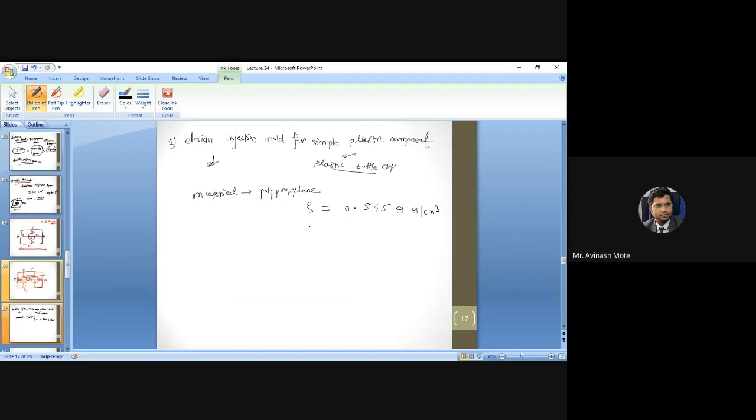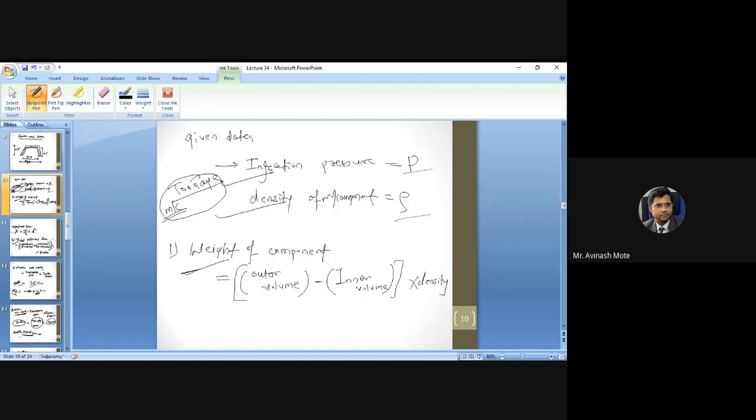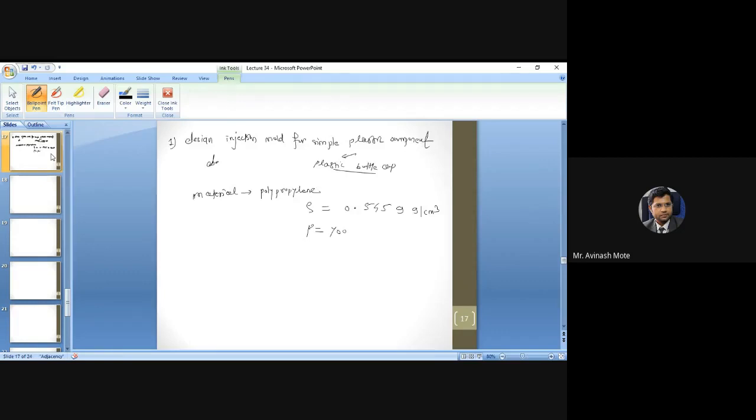Then the injection pressure is given as 700 kg per centimeter square.